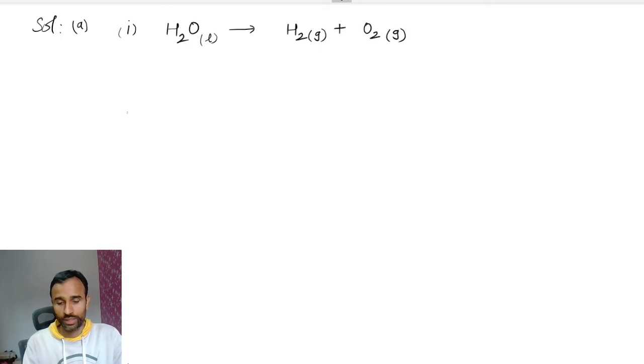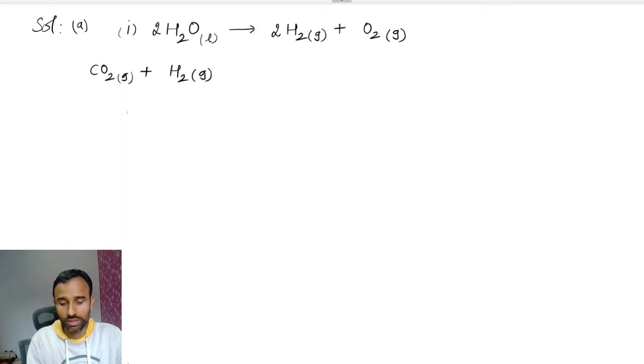Just balance it. And then this H2 gas will reduce the carbon of the carbon dioxide to give glucose, along with H2O.